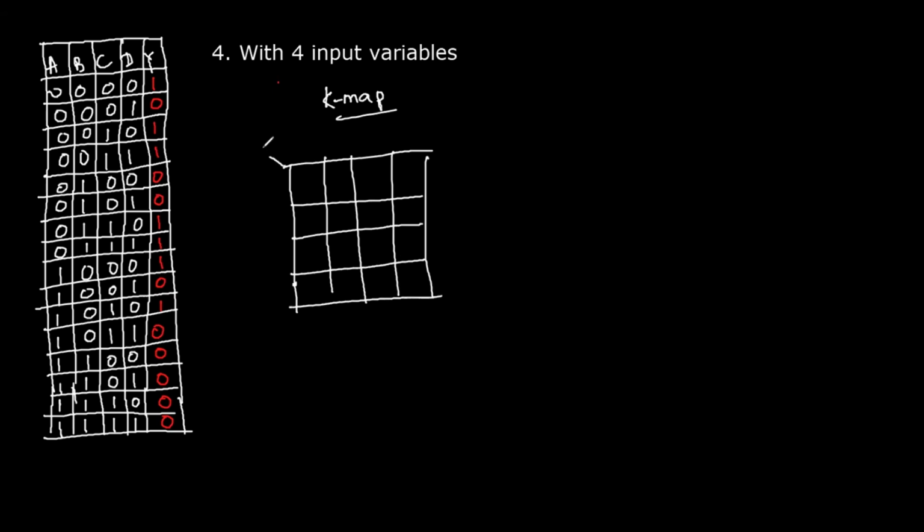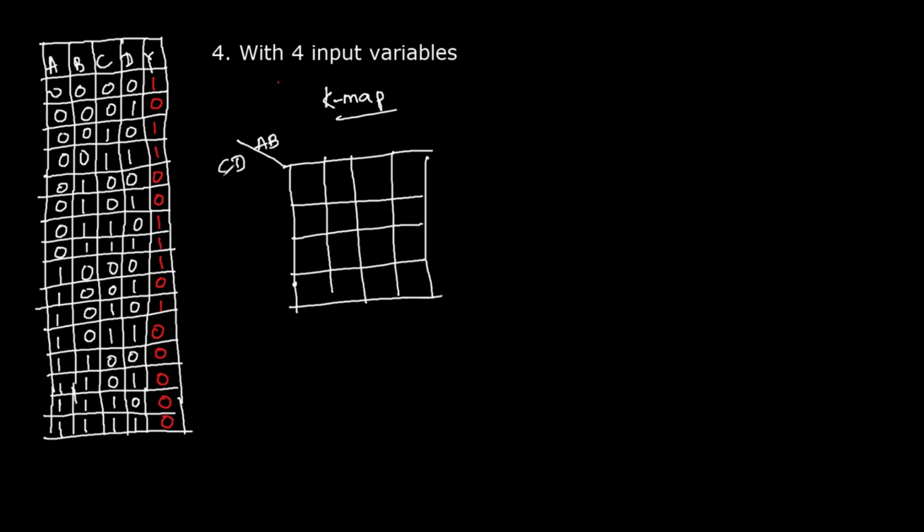So filling out the input variables, remember that we do not necessarily have to stick to an order. We can have A, B over here and C, D over here. Doesn't matter as long as you make sure you fill in all of the variables correctly. Or we could also have something like CD over here and AB on top.